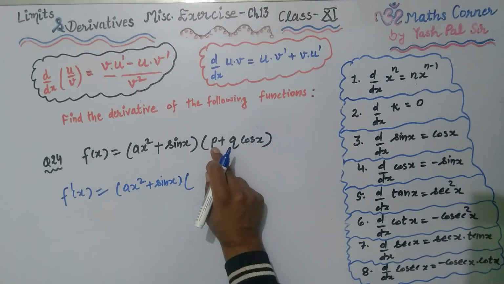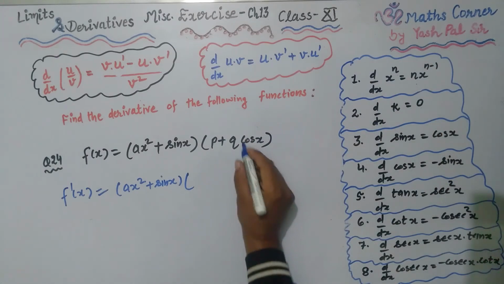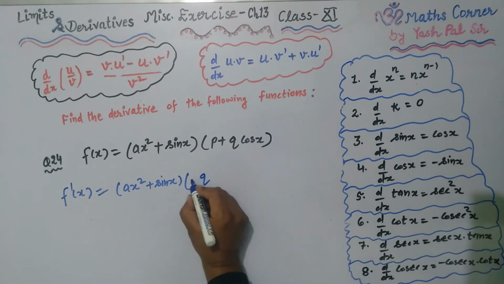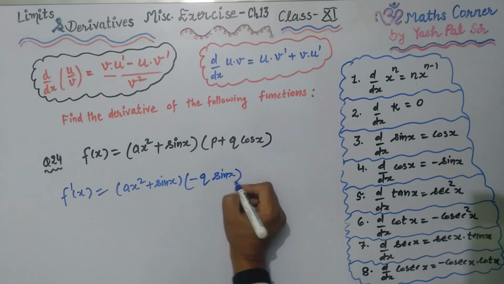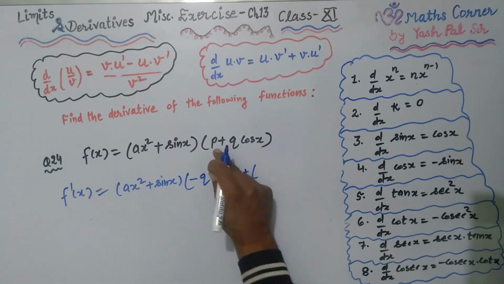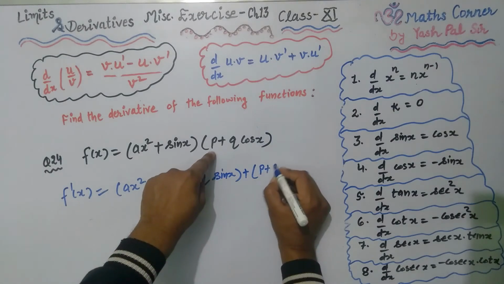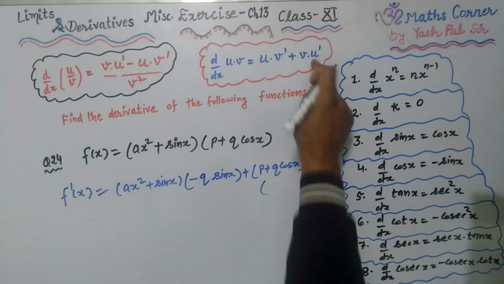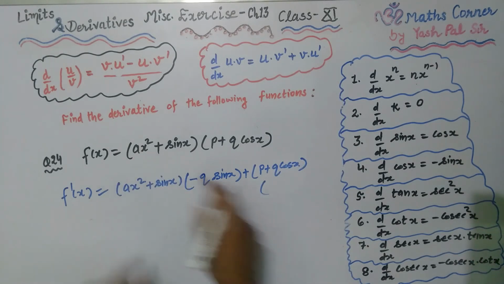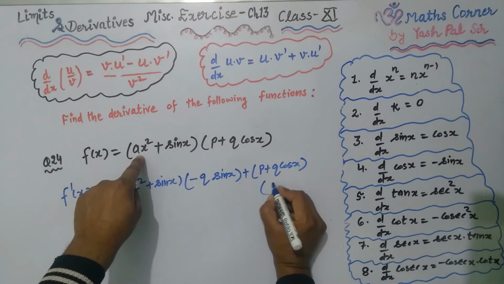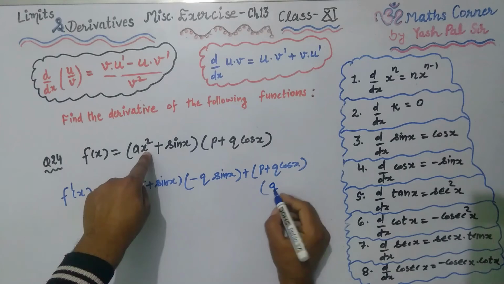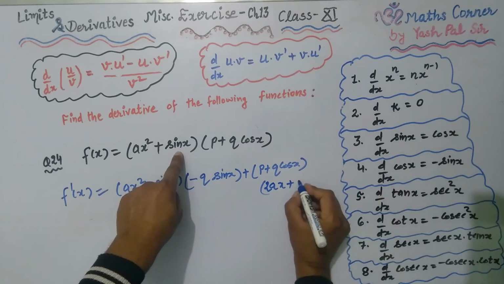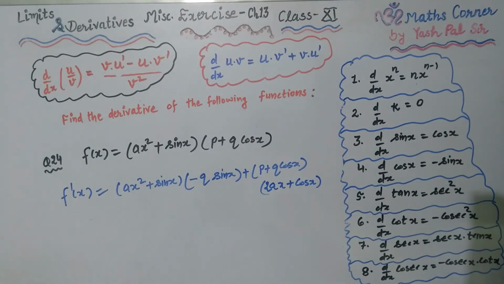Derivative of p constant is 0 plus q cos x. q is constant, cos x derivative is minus sin x, minus sin x, plus v, p plus q cos x, into u dash. u dash is its derivative, ax square. Derivative is a is constant, x square derivative is 2ax, plus sin x derivative is cos x. Okay, so this is the answer.